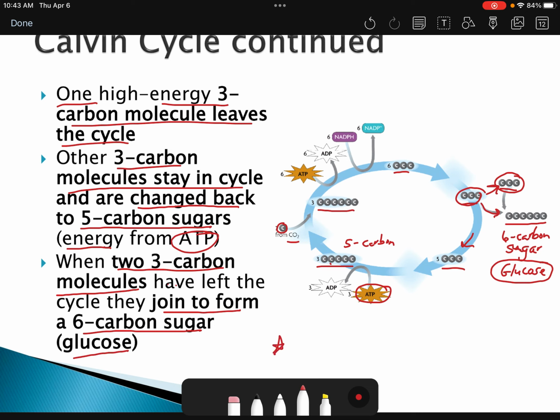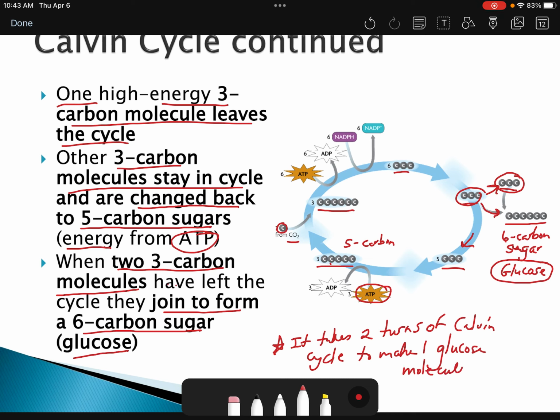So it takes 2 turns of the Calvin cycle to make 1 glucose molecule. Okay?